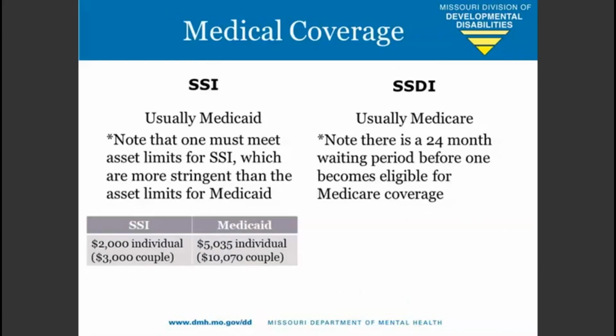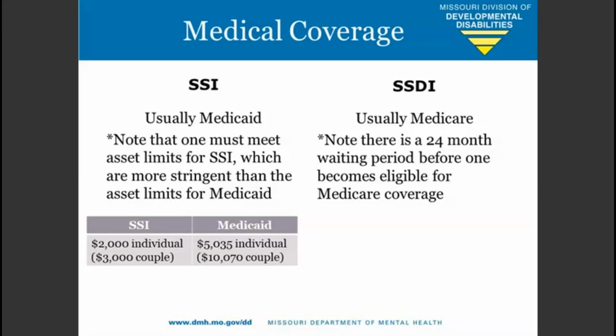So now let's move on to that medical coverage. Individuals who have SSI, that Supplemental Security Income, more often than not, are also going to be eligible for Medicaid coverage. In that box down at the bottom, you'll notice the difference in asset limits for those with SSI and those with Medicaid alone. Medicaid asset limits continue to increase each year based on cost of living adjustments.